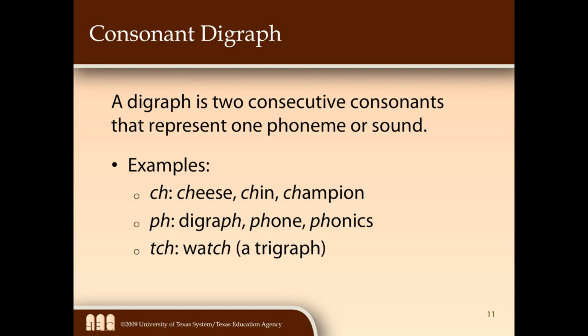A consonant digraph is when two consonants are side by side and they make one sound, like the ch sound in CH. We're not saying k, we're saying ch. So it's two consonants together creating one sound.